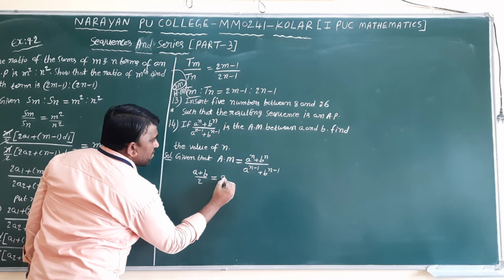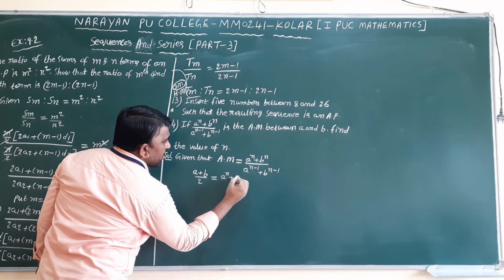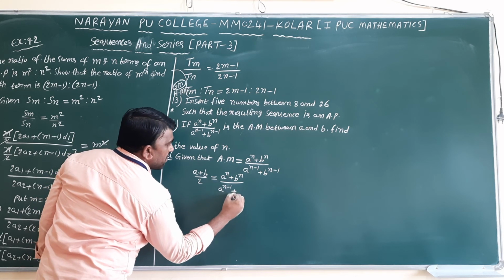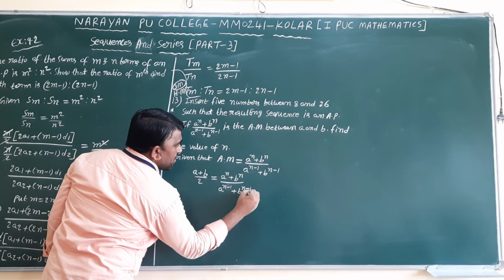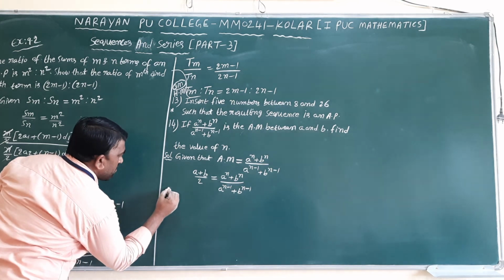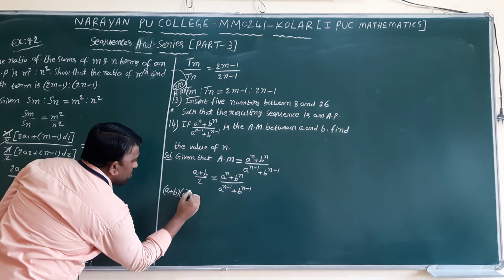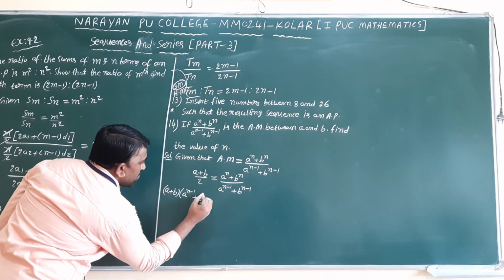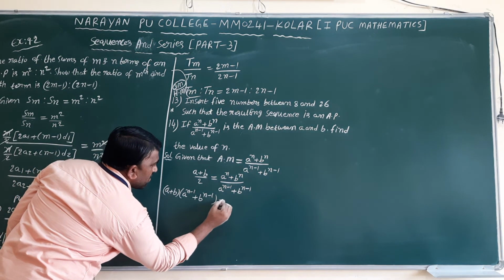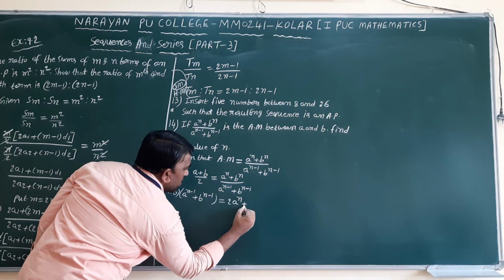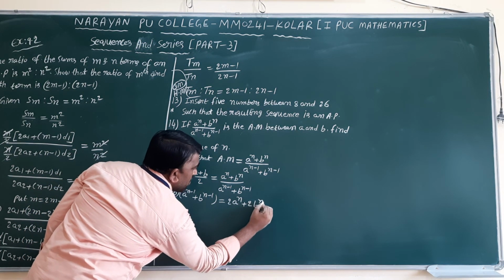to (a power n plus b power n) divided by (a power n minus 1 plus b power n minus 1). Cross multiply: (a plus b) into (a power n minus 1 plus b power n minus 1) is equal to 2 into a power n plus 2 into b power n.